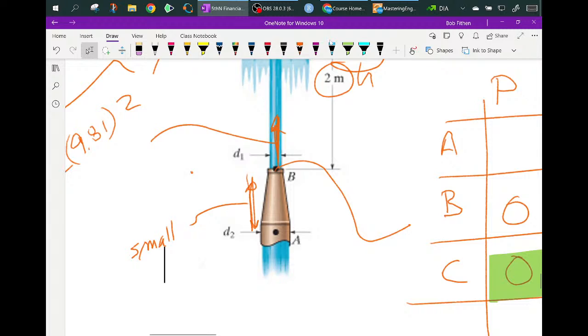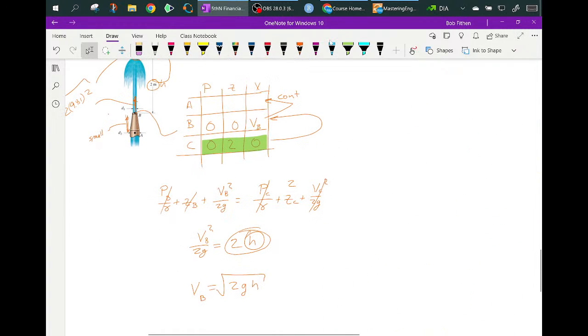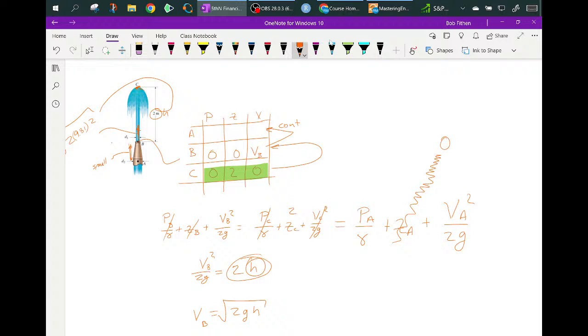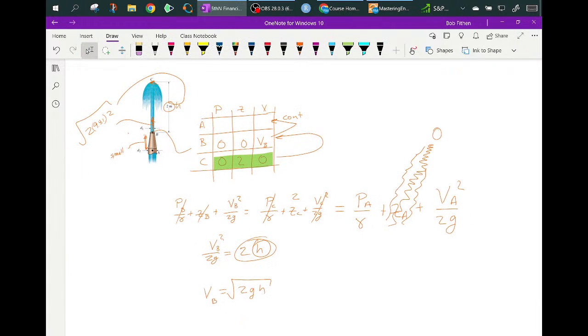And in that case, if it's small like that, then what you're saying is PA over gamma plus ZA plus VA squared over 2G, and you're going to assume the ZA is almost 0. So this is an assumption that isn't necessarily completely valid. But the key is, this would give you velocity at B, right?